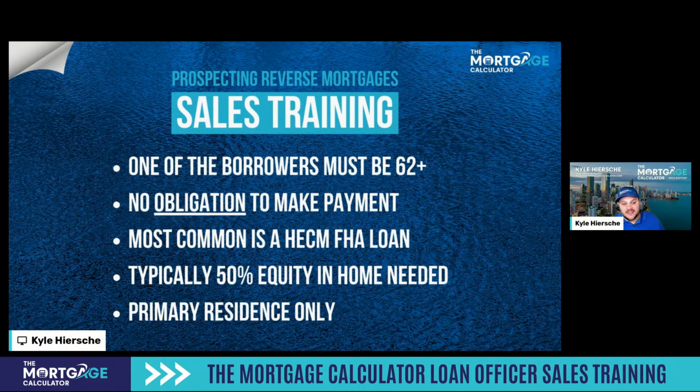Now, here's another thing that people don't know about reverse mortgages a lot of the time: even once that person passes away or it's no longer their primary residence, the family or estate has the opportunity to purchase the home from the bank at 95% of the market value.